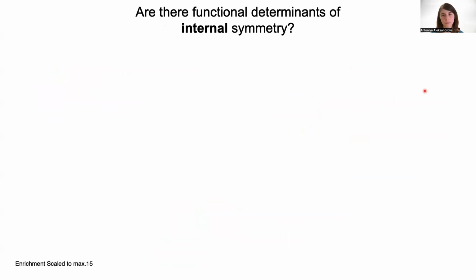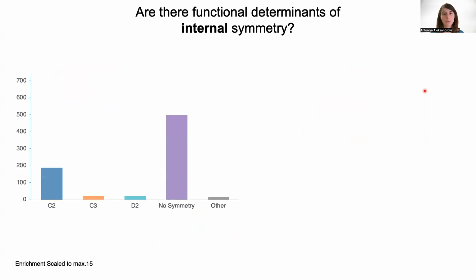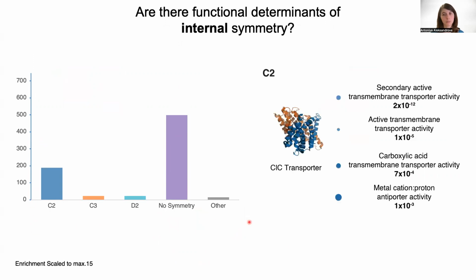And what about internal symmetries? Do they follow a similar pattern to quaternary ones? First, we note that once again, the most populated groups are the no symmetry and the C2 symmetry groups. Within the C2 symmetry group, we report a very significant threefold enrichment of secondary active transmembrane transporter activity, which, as per our discussion in the beginning, is a great example of the structure-function relationship.